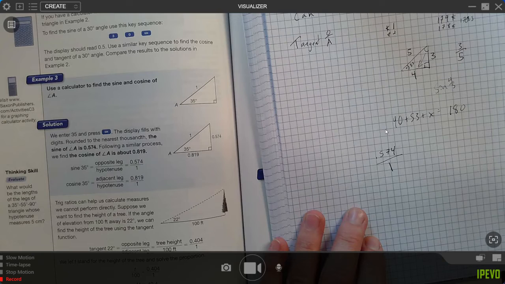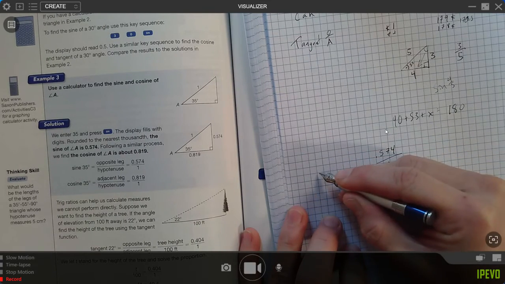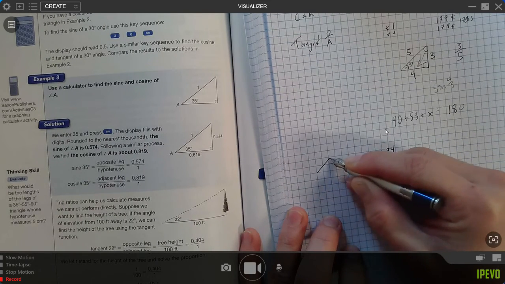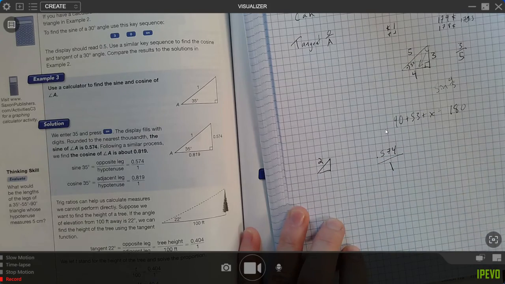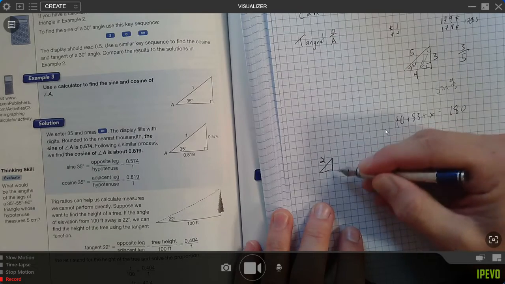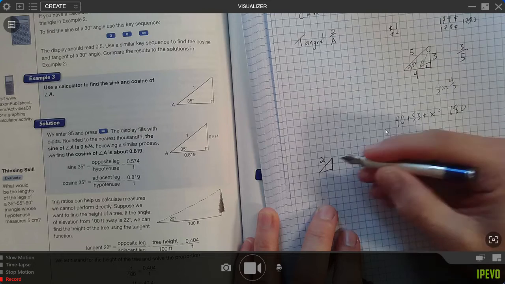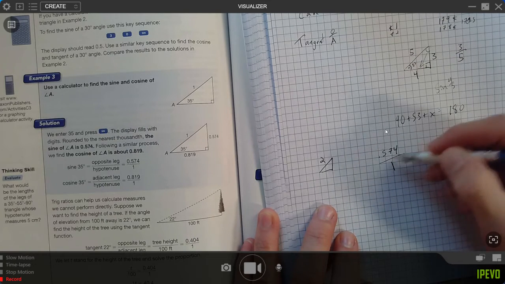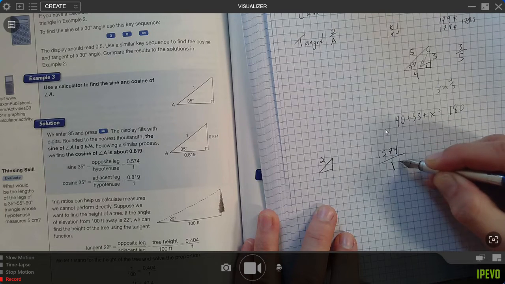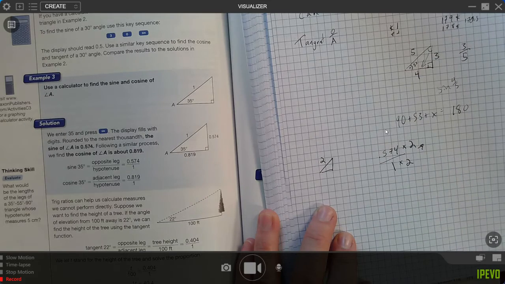Now, let's do an example. What if instead we had a triangle where this was 2? How would I figure out my side length here? Because it would not be 0.574. Instead, I have this is 2. I have to take this ratio and multiply both sides by 2 to get my answer.